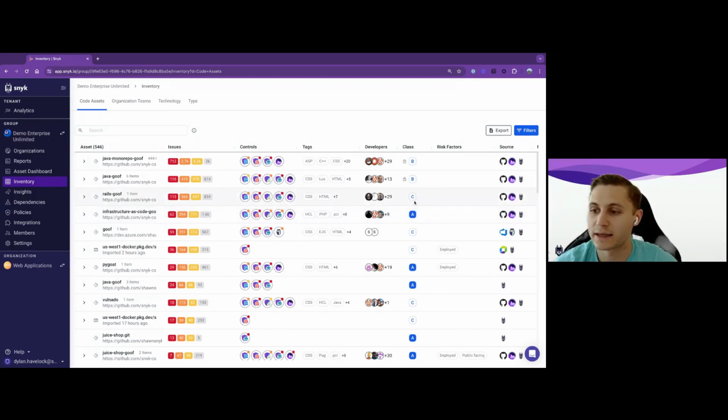But we can also set that to A, B, C, or D, if you even want to deprioritize maybe some internal projects, test repos, which never really see the light of day. You can either manually set that asset classification here in the inventory view, but as Vandana mentioned as well, really policies are what is going to, automation is what we want to be striving for.